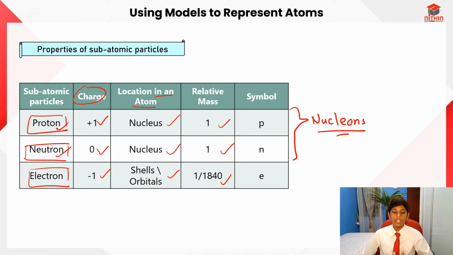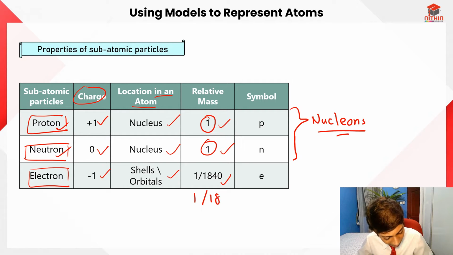We do not take into consideration electrons, because their mass is really negligible. Proton is 1, neutron is 1, while electron is 1 over 1840. So you see the difference in that, right?